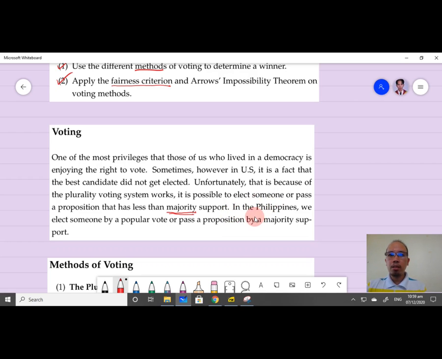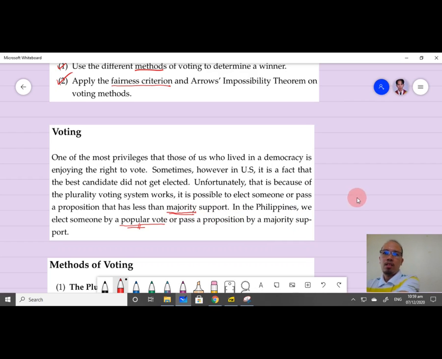In the Philippines, when we elect someone, we use the popular vote. The one who will win must have the popular votes. Or if you pass a proposition, then you will use the majority vote.